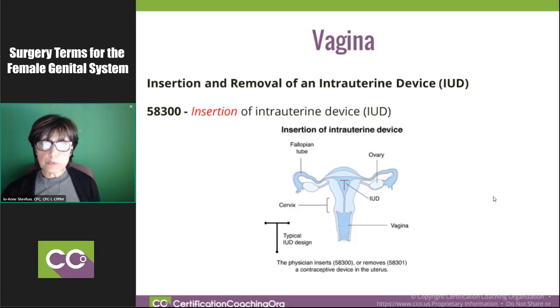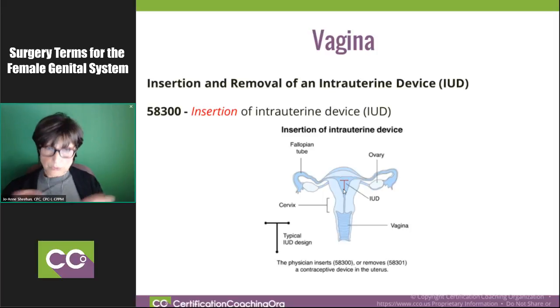Now, insertion and removal of the IUD. The 58300 is the insertion of the IUD, and if the doctor removes it, it's 58301. And the typical IUD design is a T, and as you can see, it goes up through the vagina, there's the cervix, the IUD goes right here.